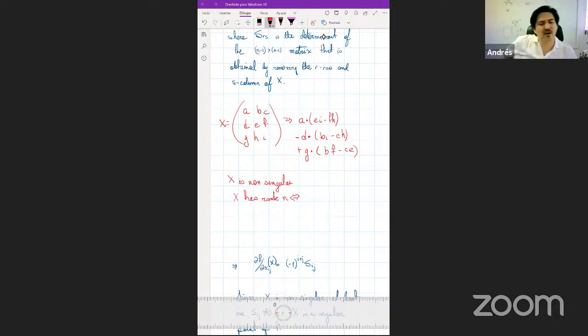I don't remember how we see this in linear algebra. X is a square matrix, n by n matrix. To have rank n means you will always find a 1 by 1 matrix which is non-zero. You can always find a 2 by 2 matrix of determinant non-zero and so on.